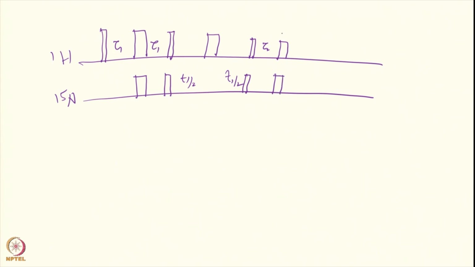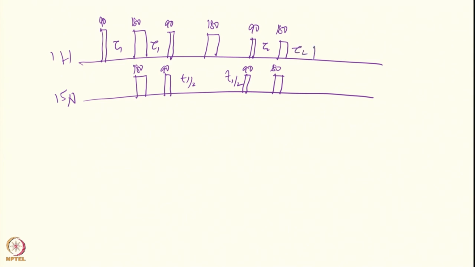this is okay. Now these are all 90, 180, 90, 180, this is 90, this is 180, okay, and this is 180 here, this is 90, then this is 90, this is 180, and then I have another tau 2.